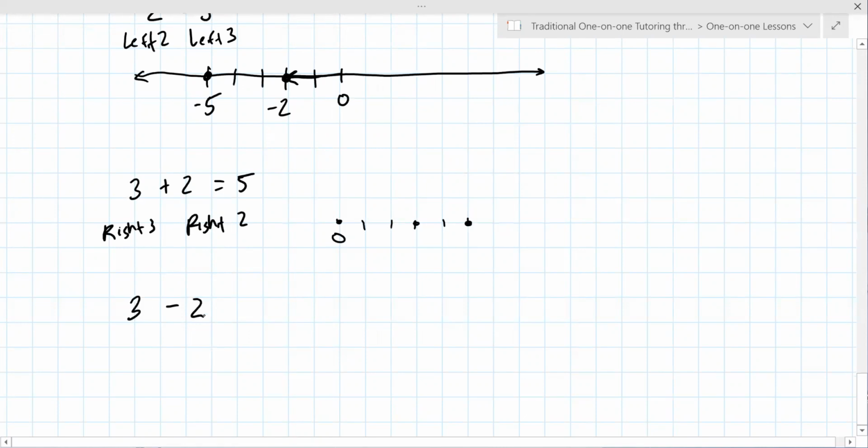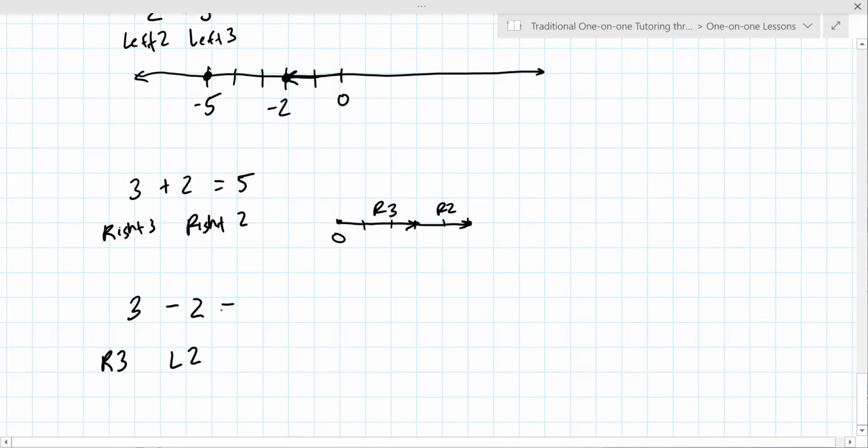3 minus 2 means you're going right 3 and then left 2. Right 3, that's right 3, and then that's right 2 more.